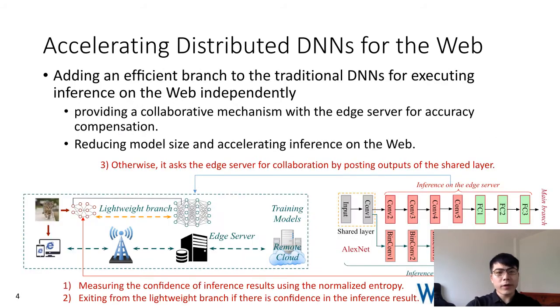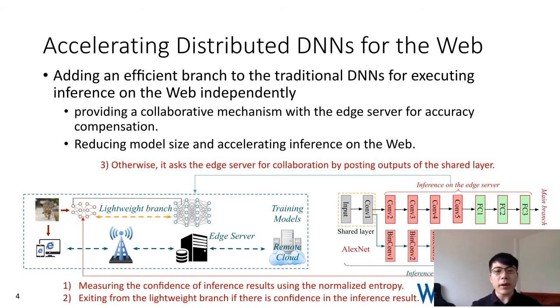As for slide 5, with the partition offloading approach in edge computing infrastructure, although a small portion of DNN computations can be offloaded to the web, the edge server still has to undertake the majority of DNN computations. So we introduce adding an efficient branch to the traditional DNN for executing inference on the web independently.